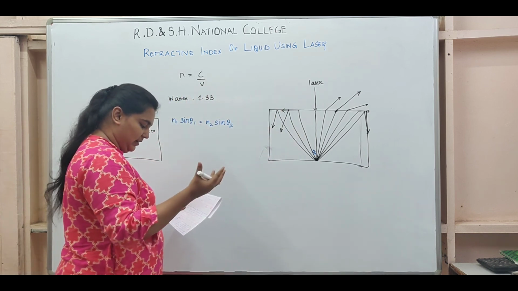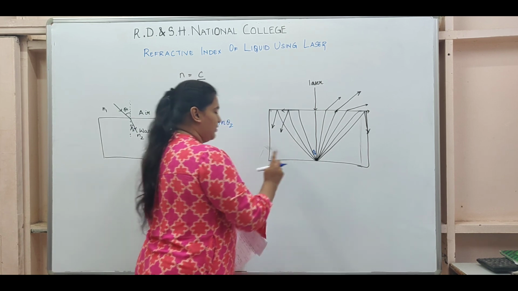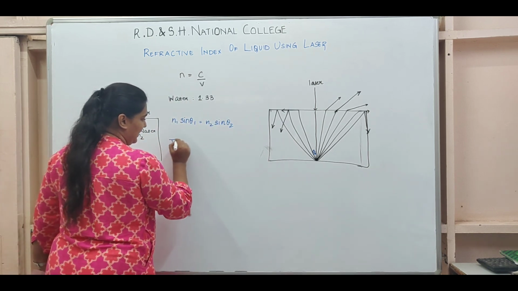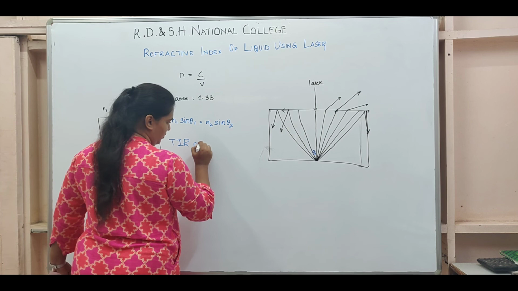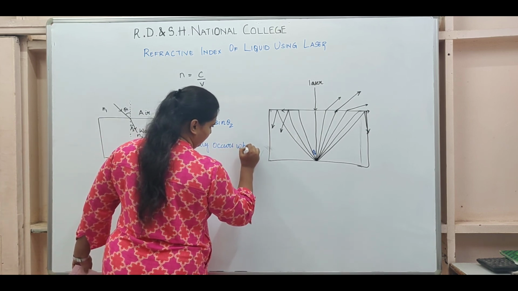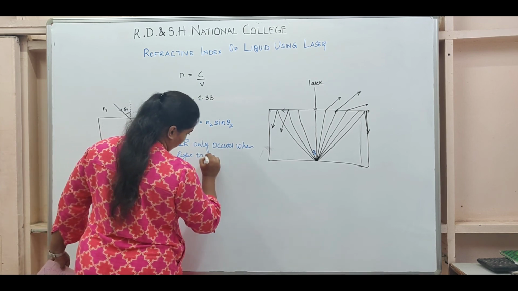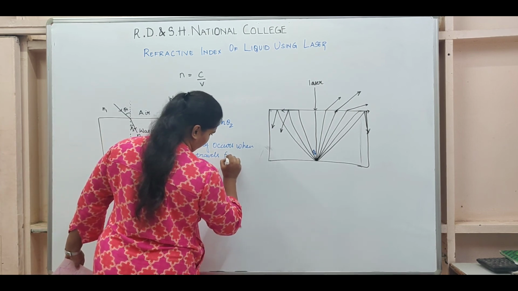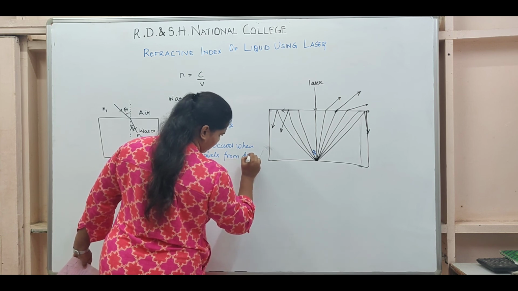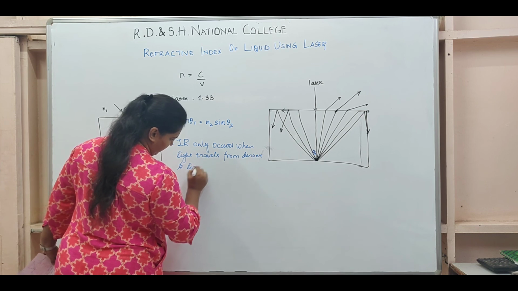But there is one important point to note. Total internal reflection only occurs when light travels from a denser to a rarer, or lighter, medium.